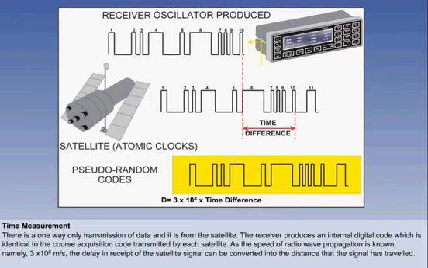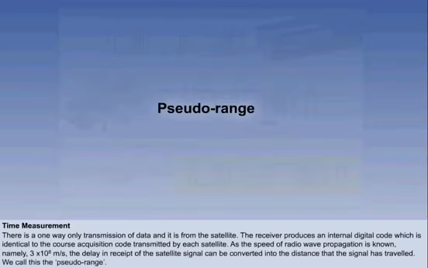As the speed of radio wave propagation is known, namely 3 × 10⁸ meters a second, the observed delay in receipt of the satellite signal can be converted into the distance that the signal has travelled. This will be in error by the difference between the receiver clock and the satellite clock, and so will not be the accurate range. We call this the pseudo-range. How this is corrected will be explained shortly.